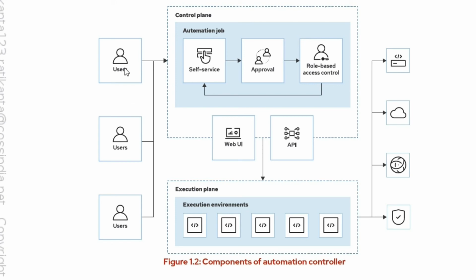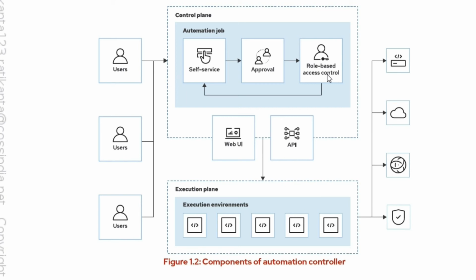See the flow again, I am explaining. This controller is accessed by multiple users, multiple developers, administrators, or project managers. Everyone has access to it, so they are going to access this control plane. This controller will give you many facilities like self-service, approval, rollback, access control, RBAC.